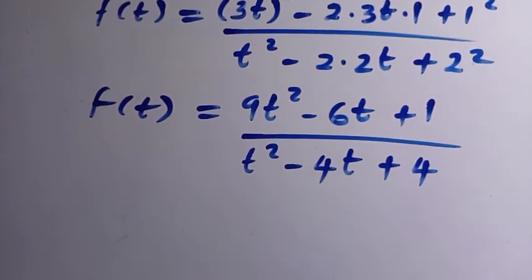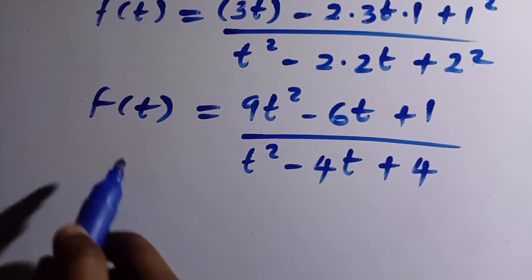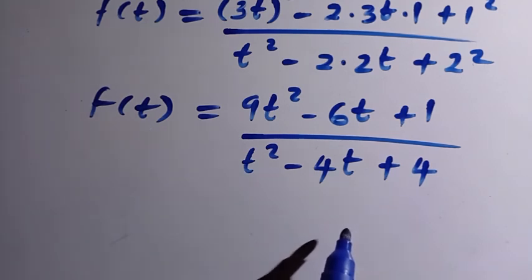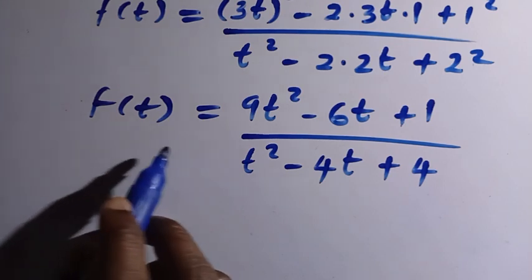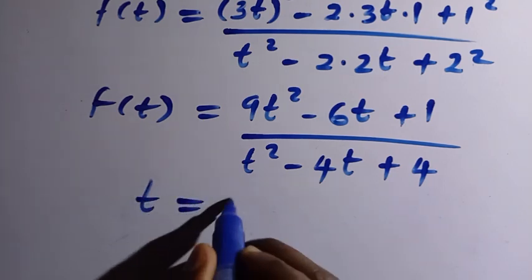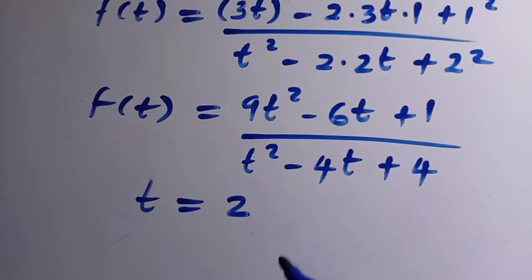And from here, what will be the value of t for this to be invalid? Looking at this, you can just say if t here equals 2, that is invalid, which means our t must not equal what? Must not equal 2.